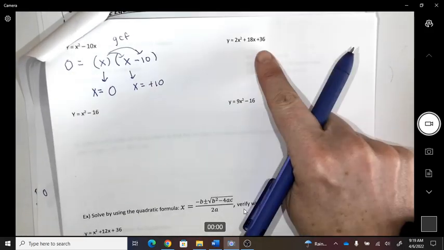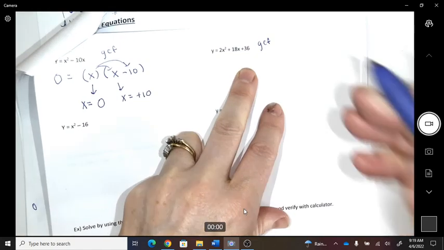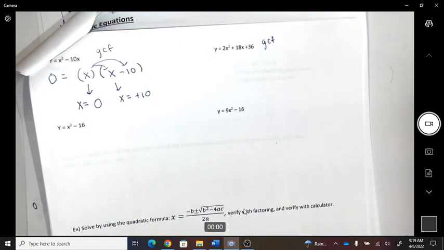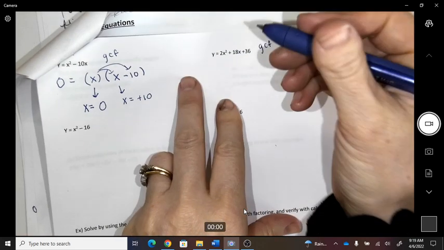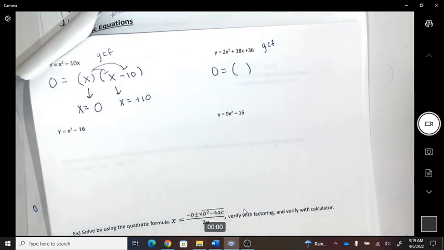Okay, this one is also a GCF. Okay, what is the something that I can divide all of those terms by? What's in common? What do all of them have in common that I could divide each one by?